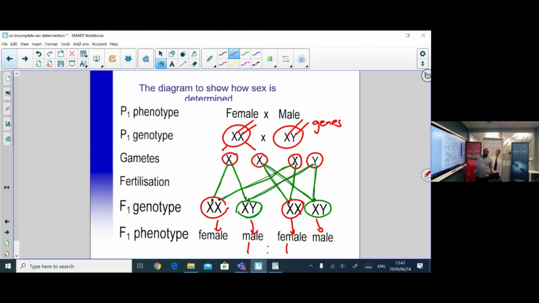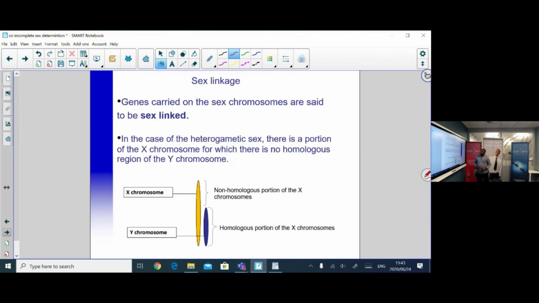There are genes which might result in some conditions that might be favorable and unfavorable. So the study of those genes that are carried on the gonosomes, the X and Y chromosomes, we say they are sex linked. Are we together, grade 12s?